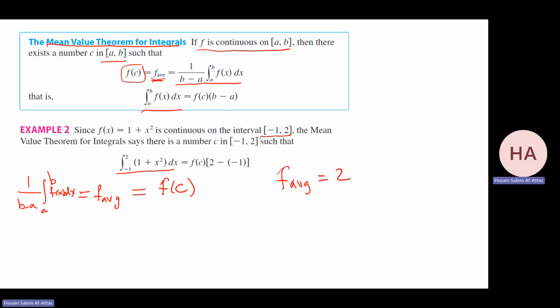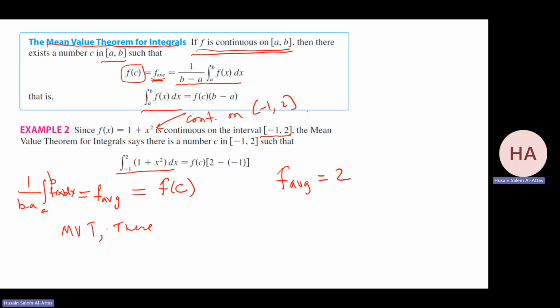So, according to the mean value theorem, since this function is continuous, actually it's continuous everywhere in the closed interval, this is the only condition we need. So the mean value theorem is saying what?